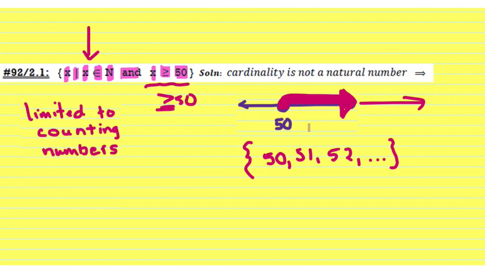So again, the ellipsis always means it's infinite because we do not have a final number. We do not have a definite number of members of this set. So this means that our set is going to be infinite.